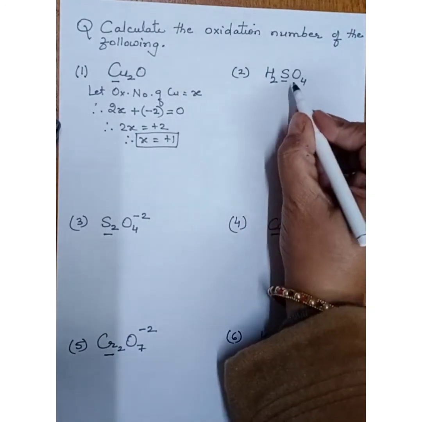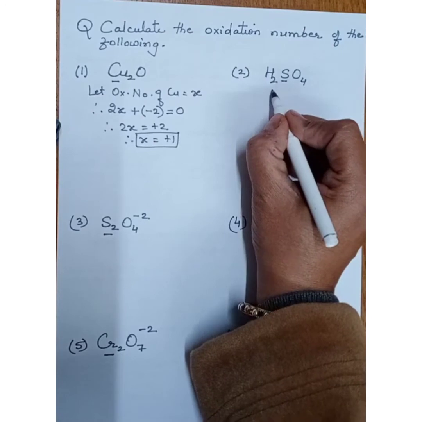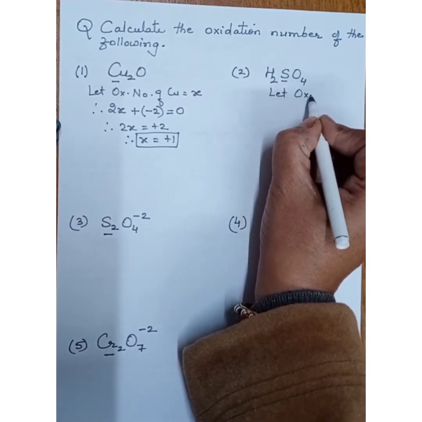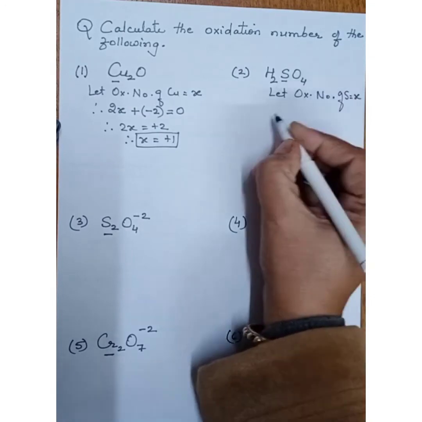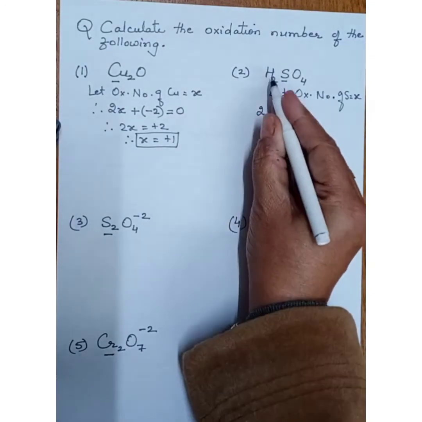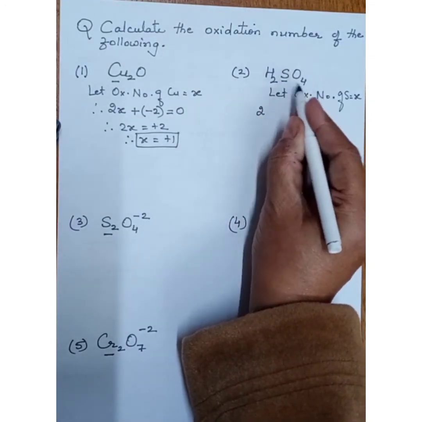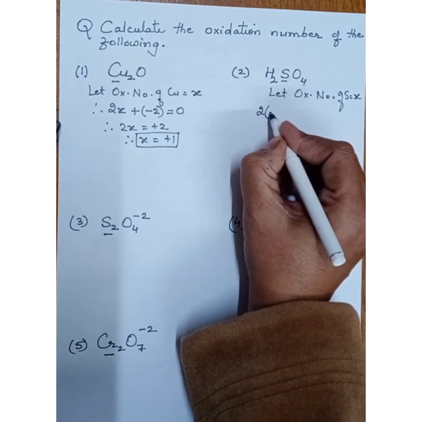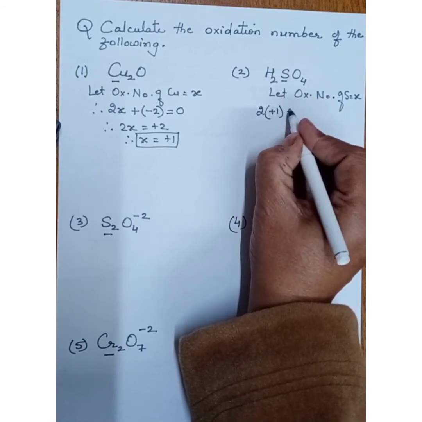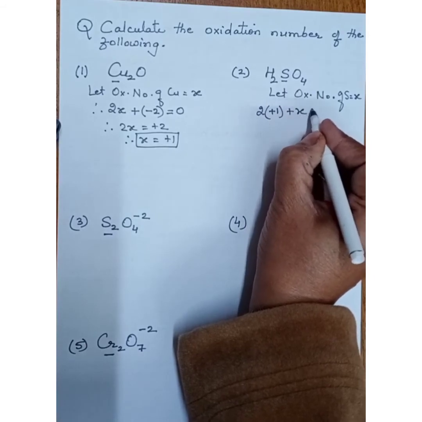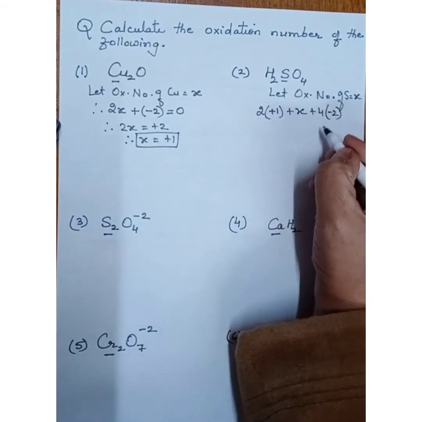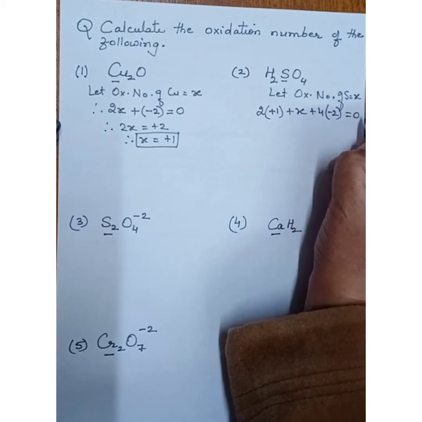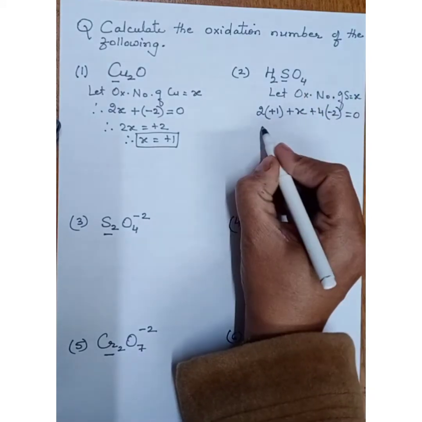Now here we have to find it for sulfur. So let the oxidation number of sulfur be x. So 2 times the oxidation number of hydrogen, this is not a metal hydride, so it is +1, plus x, plus 4 into -2, the oxidation number of oxygen, is equal to 0 as there is no charge.